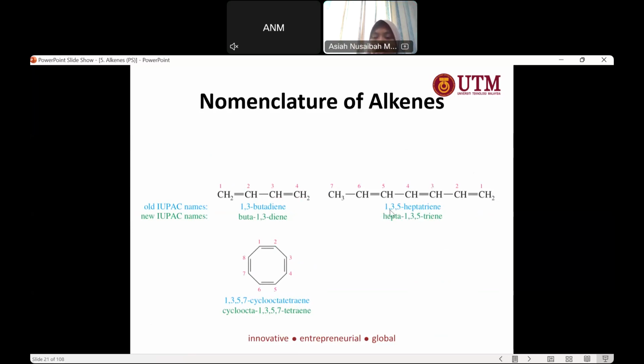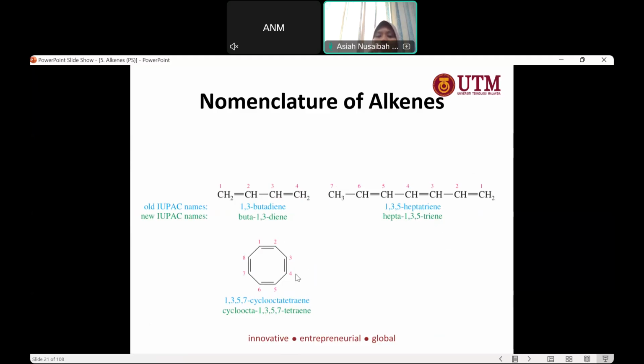So we name it as 1,3,5-heptatriene using the old IUPAC name. For the new IUPAC name, simply put the number in between the word representing the number of carbon, which is hepta, and then put the number 1,3,5, and then how many double bonds? There are 3, so tri. ENE, since it's an alkene having double bonds. So we have hepta-1,3,5-triene.